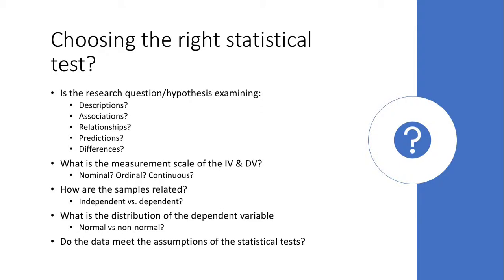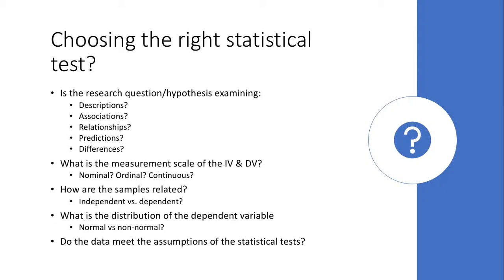And the key thing that you're going to see as we continue on in this course is that the choice of the statistical test should be consistent with the purpose or hypothesis under study. Are you looking at describing something? Are you looking at associations? Are you looking at relationships? Are investigators trying to make predictions or detect differences between groups?